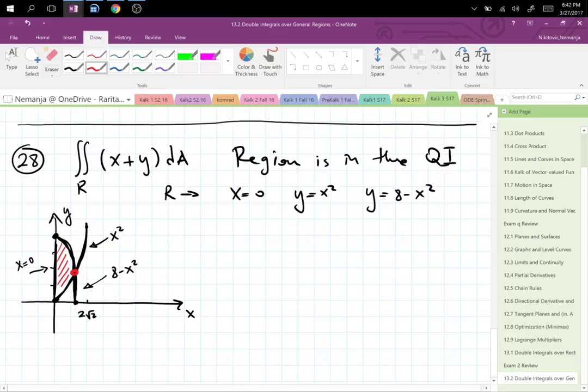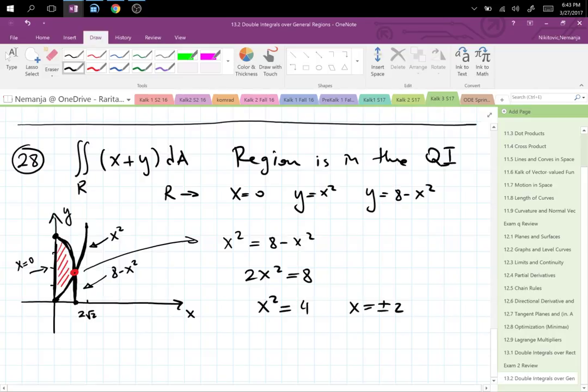So I have to figure out what that value is, and I hope it's 2. I will get that point by setting x squared equal to 8 minus x squared, which is 2x squared equal to 8, so x is plus or minus 2, so it's positive 2. Nice.